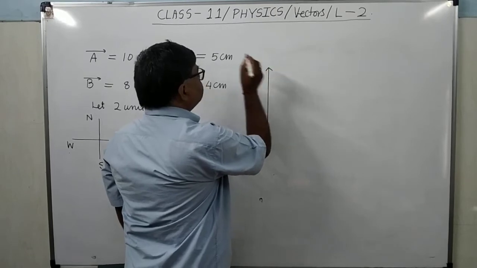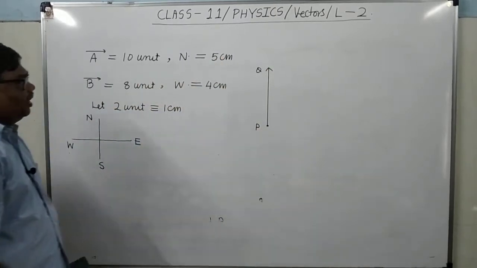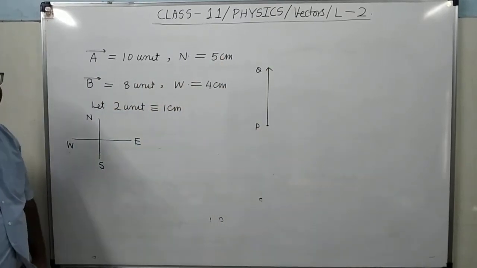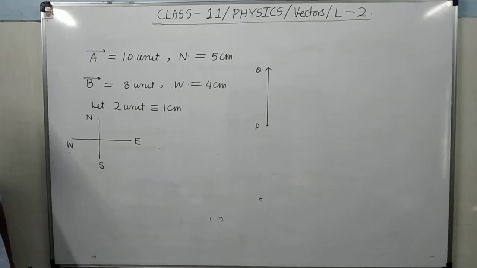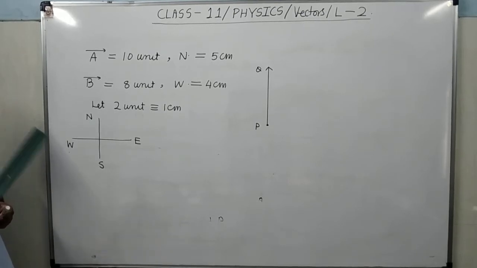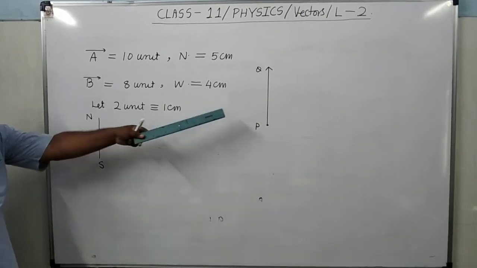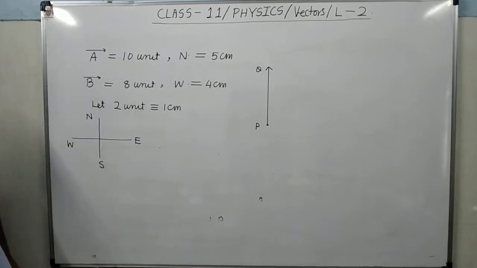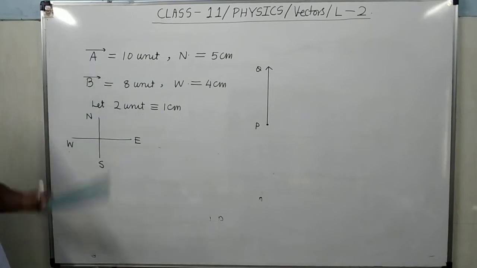Vector PQ is representing vector A in magnitude as well as in direction. It means the length of PQ is proportional to its magnitude and its direction is along this.